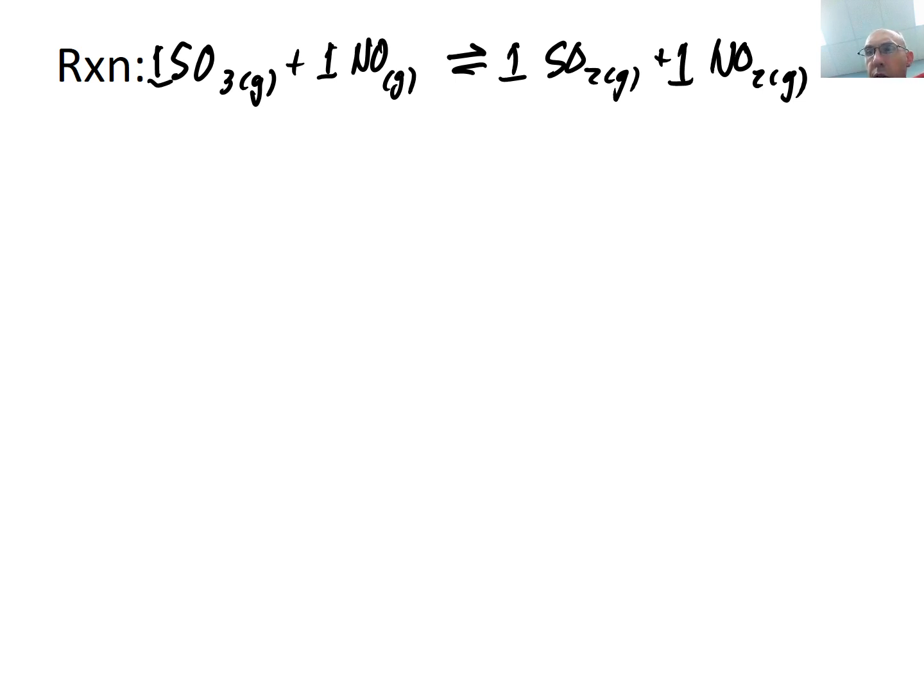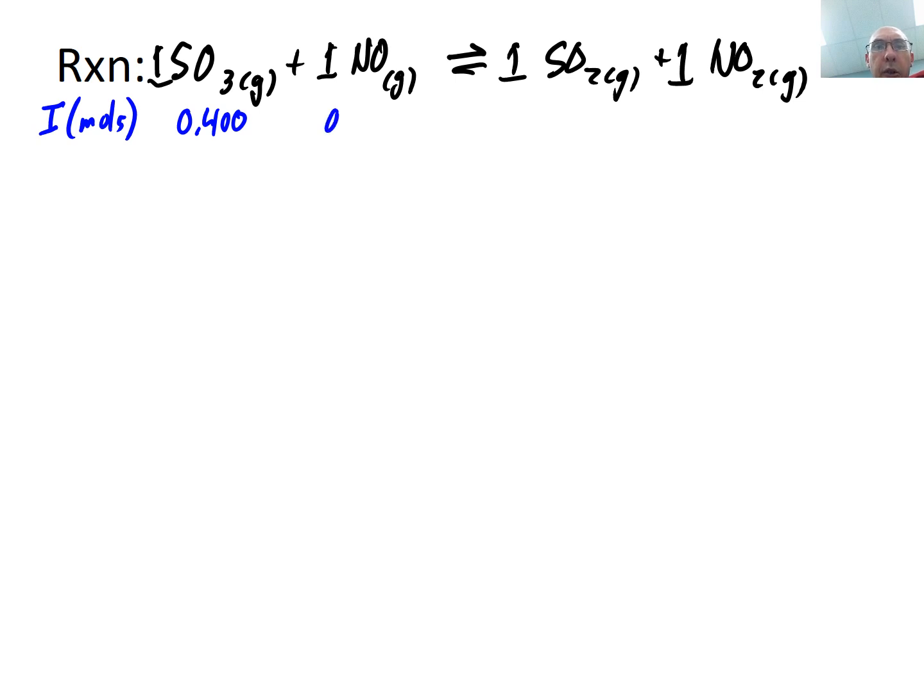Our initial from the question is in moles, so I recommend recording it in moles. The SO3 value is 0.400, and I always record all the significant figures in this first line so that when I'm done a question I go back and I can check to see how many significant figures I need.